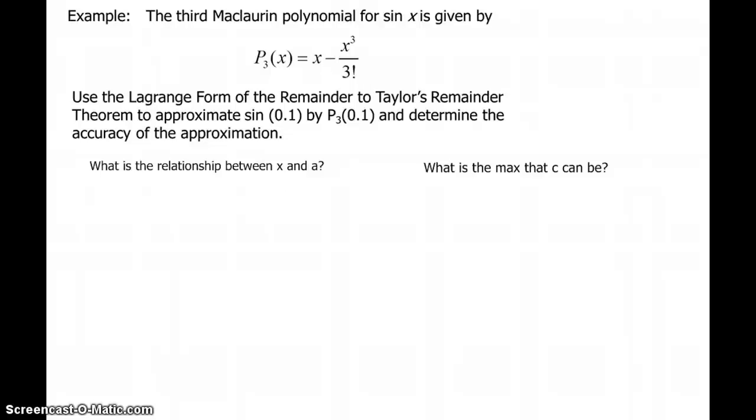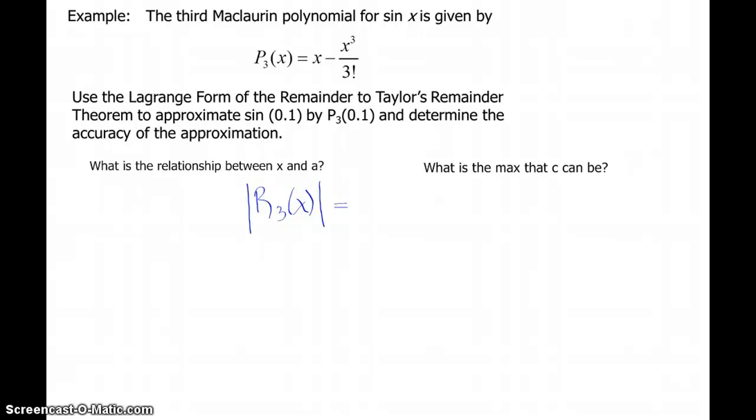So remember the things that we need to consider: what's the relationship between x and a, what's the max that c can be that will give us the maximum error. So let's find R sub 3 of x, and then we'll plug in our a value, x value, or some value in between.